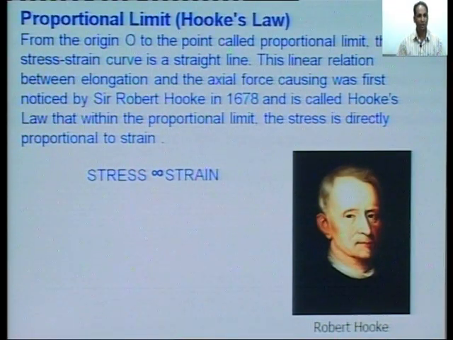This linear relation between elongation and the axial force was first noted by Sir Robert Hooke in 1678 and is called Hooke's law: within the proportional limit, that means the elastic limit, stress is directly proportional to the strain.